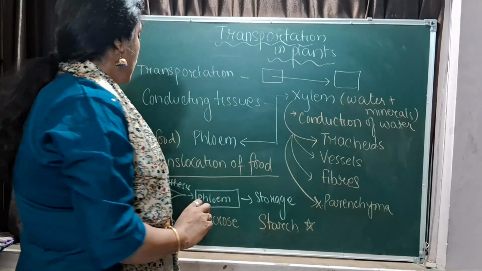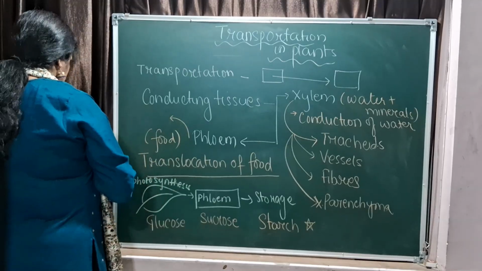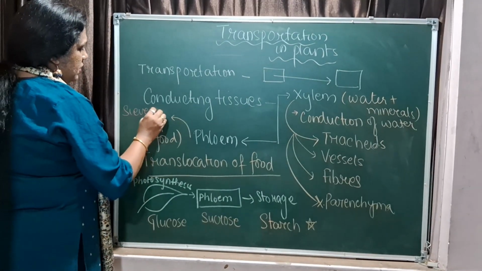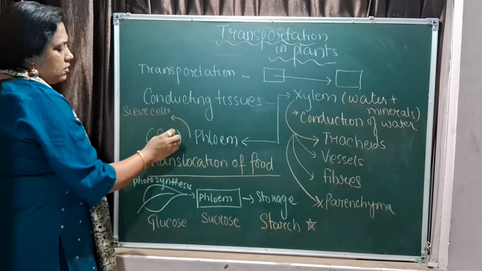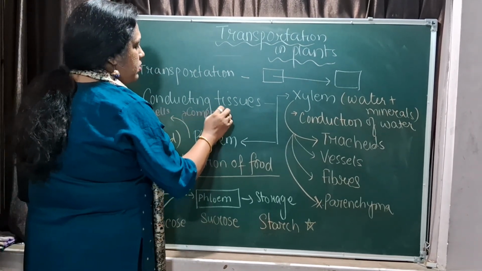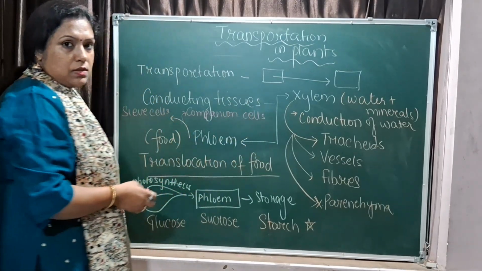Is that clear? When you talk about phloem, phloem also has got sieve cells that helps in translocation. Then you have companion cells which helps in supporting the sieve cells and helping it with nutrition.